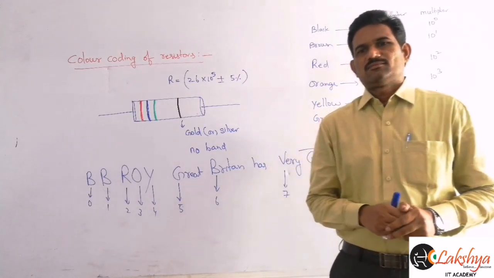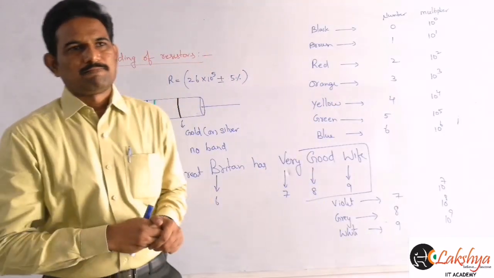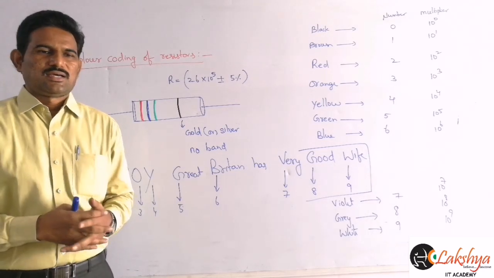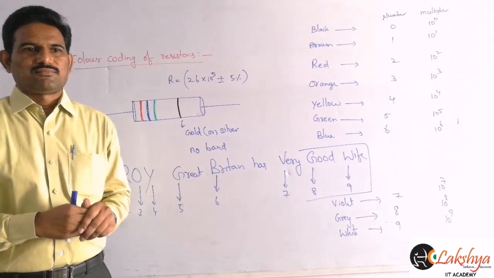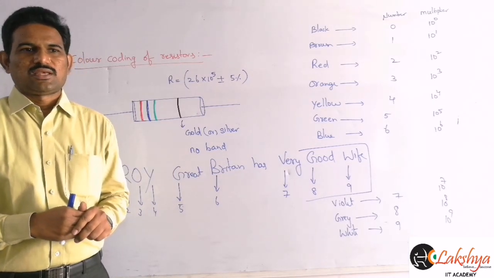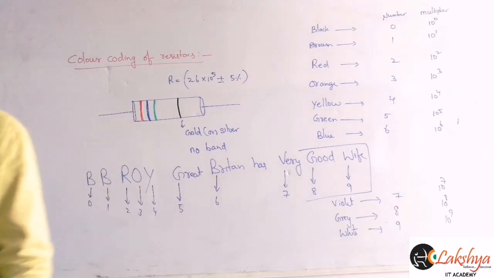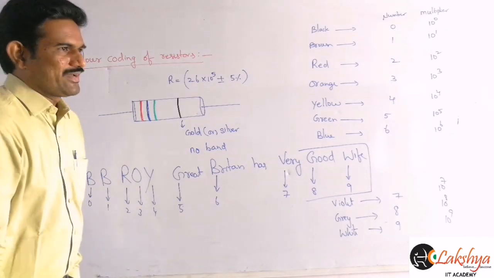Generally, the fourth band is either gold or silver, or sometimes there will be no fourth band.